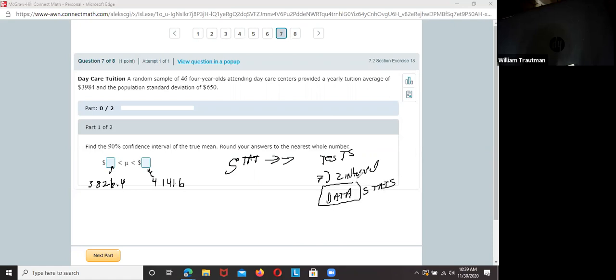We only go to stats if we're going to type in our data, but just leave it in the data and then type in the standard deviation, the average, and the confidence level. And then you should get this. Now I did it for, oh, there it is, 90%. So it changes all the time.